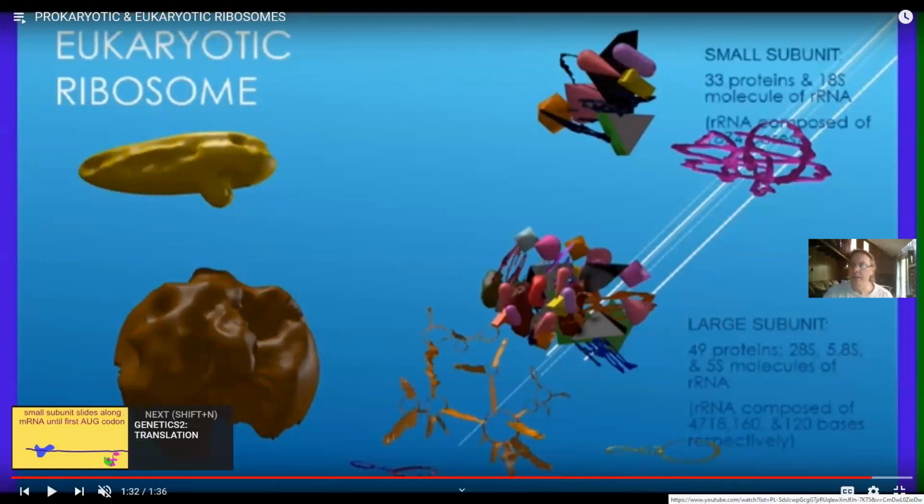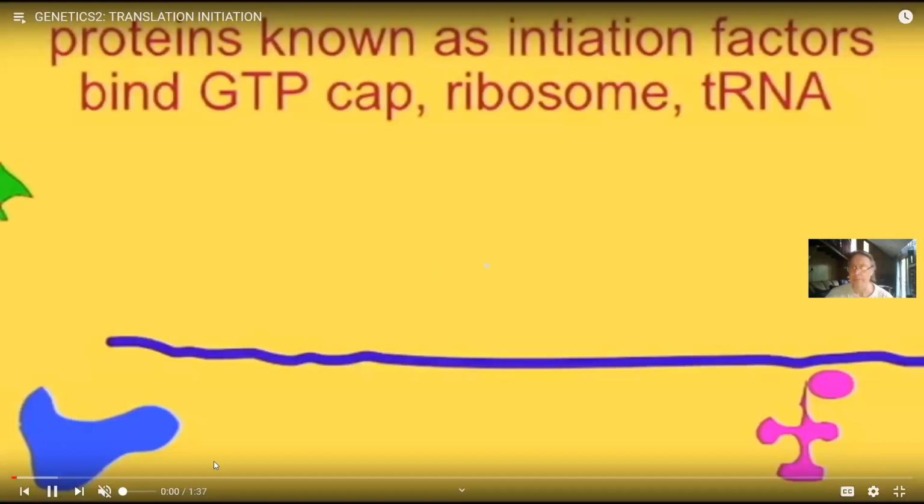So here are the pieces: the messenger RNA, which was produced during transcription; the transfer RNA, which has bound to an amino acid; and now the ribosome. Now, although I won't always depict these in the upcoming videos, there are more proteins involved, some of which are known as initiation factors.